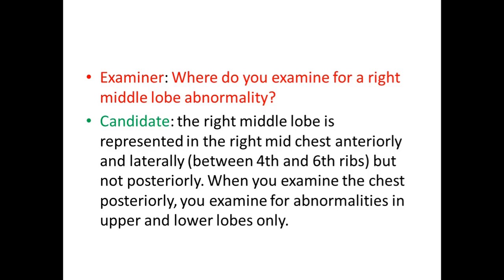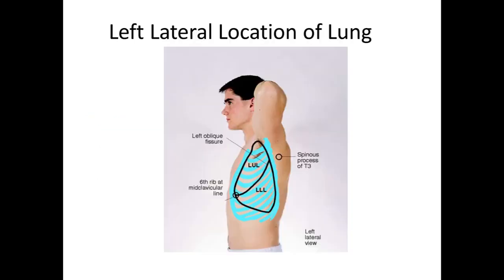So it is not posterior. If you put your stethoscope posteriorly, this is wrong. We don't examine the middle lobe from the posterior because it lies from the fourth rib anteriorly until the sixth rib anteriorly, and the fifth rib at the lateral side.